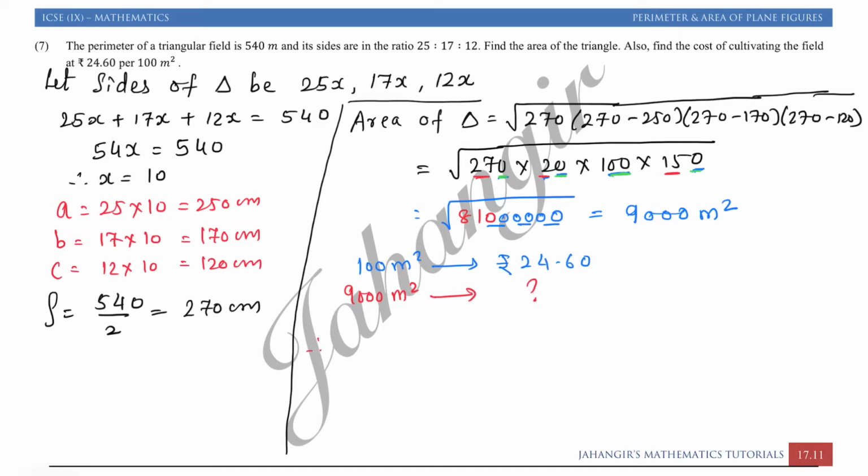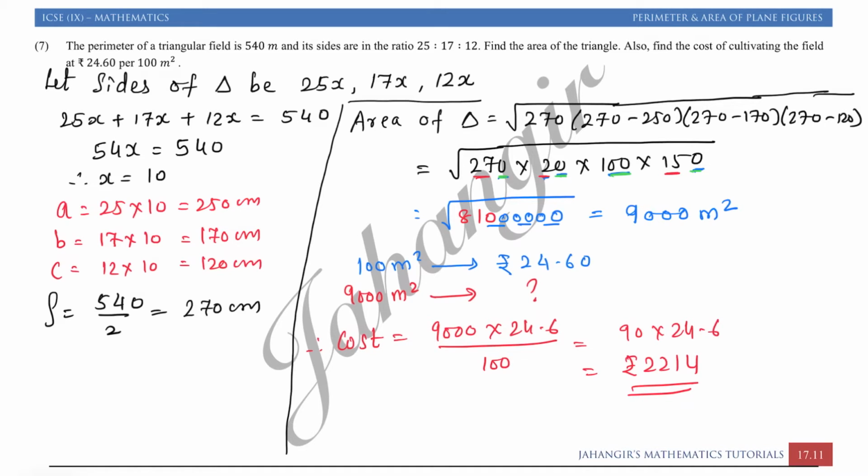So therefore the cost is equal to 9,000 into 24.60 upon 100. So the zeros will get cancelled. You will get 90 into 24.6, that is equal to rupees 2214. You can just multiply and check your answer.